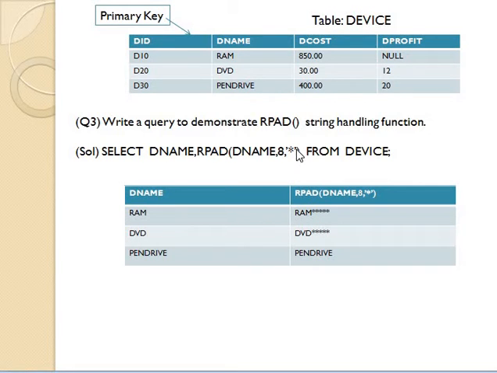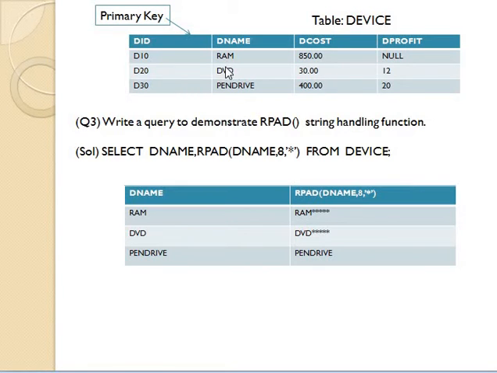Note that the reason I am adding the asterisk symbol 5 times to the right side of the string RAM is because I have used the RPAD function where R denotes right. As a result, in the output table you can clearly see that for the device named RAM, 5 asterisk symbols have been added to the right side of the entry RAM to make the total number of characters 8.